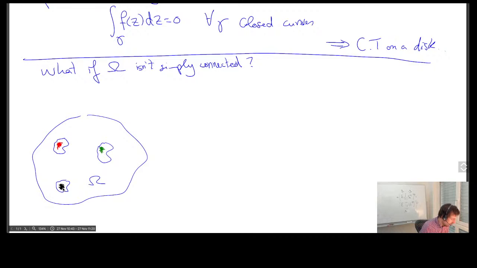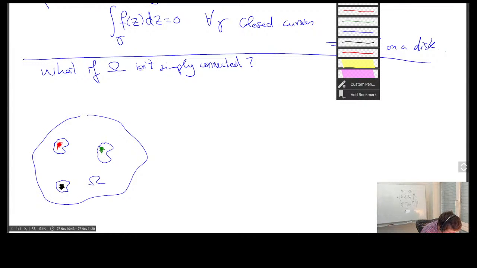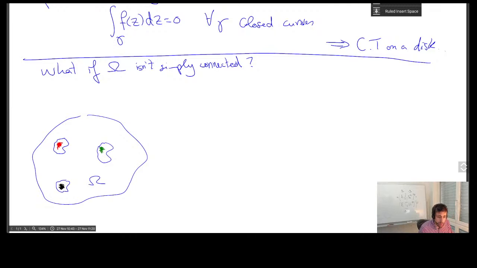What happens then? Of course, if my curve gamma is just a curve that doesn't go around any loops, then it's fine because the curve is homologous to 0.